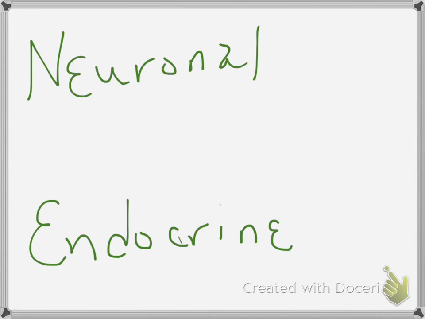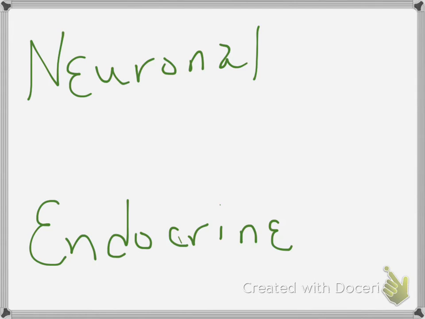So there are no fast endocrine systems? No. So, what is the big difference? If you're trying to explain the difference between the two to someone in layman's terms, there is something that separates these two.